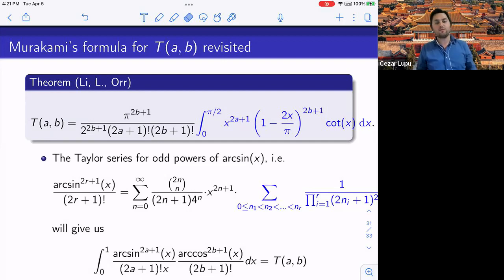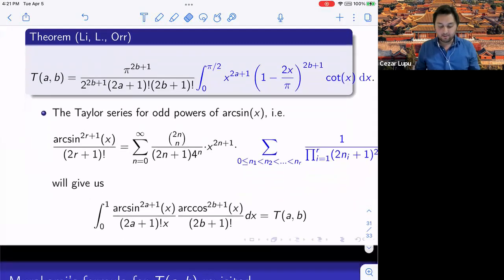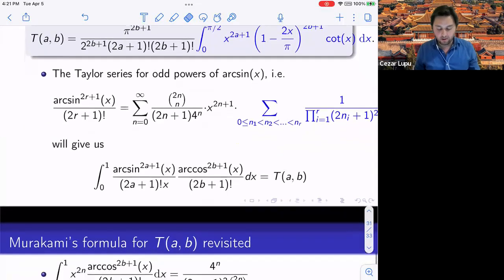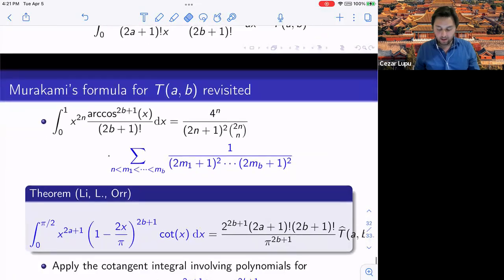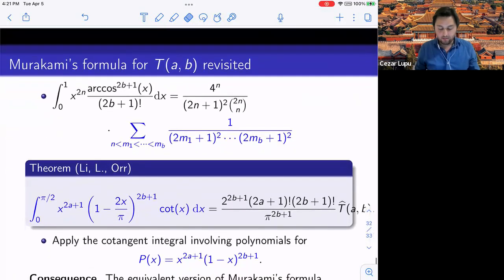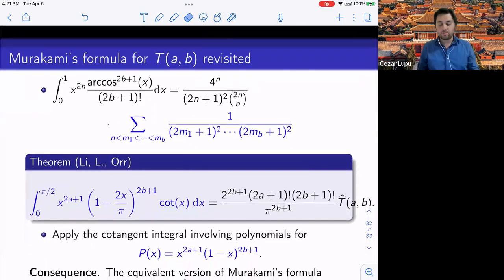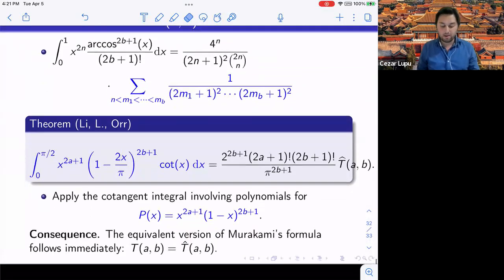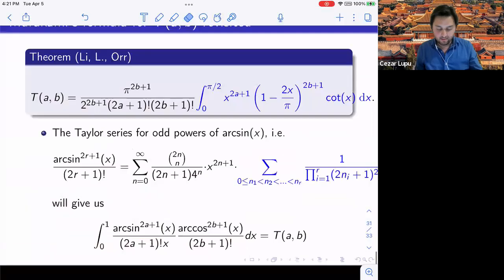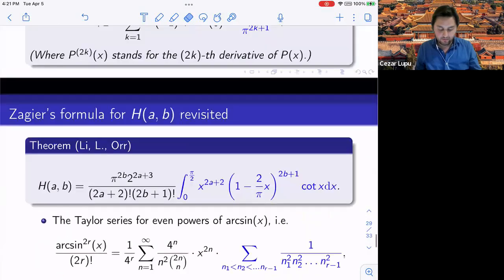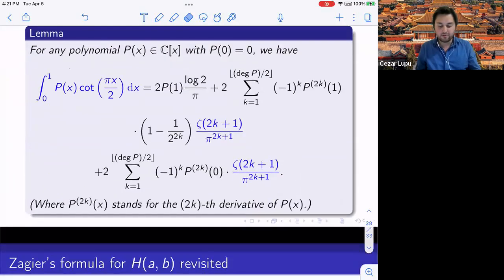So in this case, I will use the odd powers of arcsine of x. And again, by mimicking the same argument, I can relate this cotangent integral in terms of t hat of AB. So again, I apply the same lemma, but this time for a slightly different function.